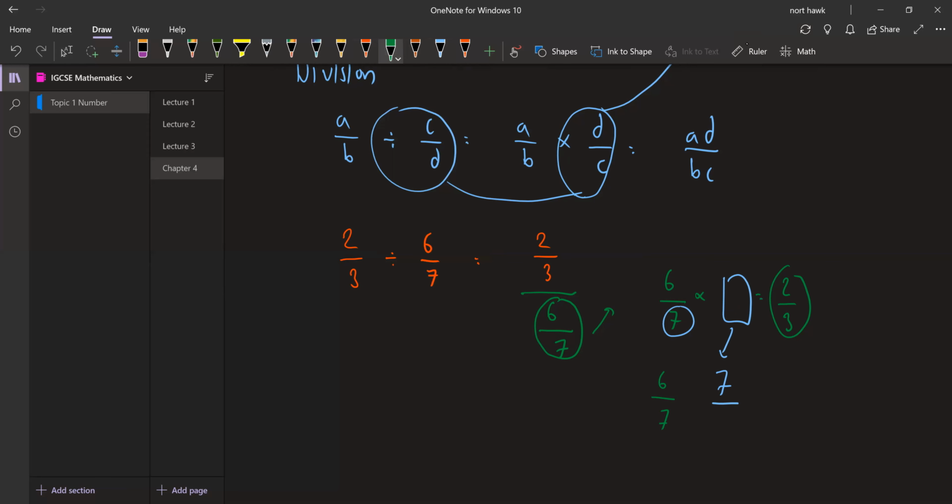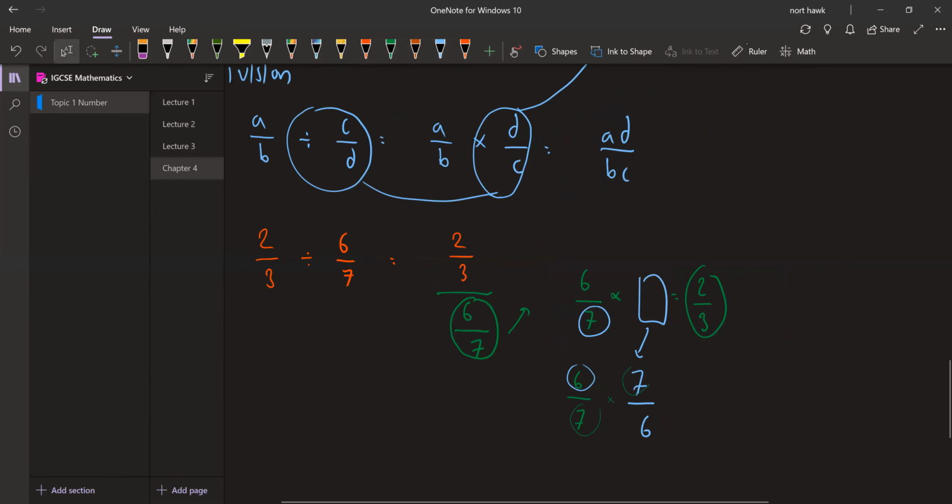It must have 7 in the numerator, so we'll cancel that one. But it must also have 6 in the denominator to cancel with that one to make 1. But then this would equal 1, but that's not equal to 2 over 3, right? So we must also multiply by something: 2 over 3, because it'll become 2 over 3.